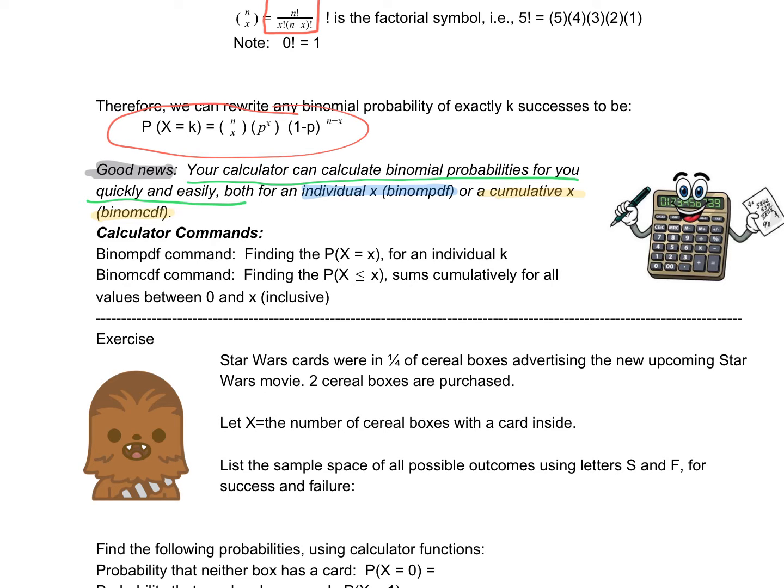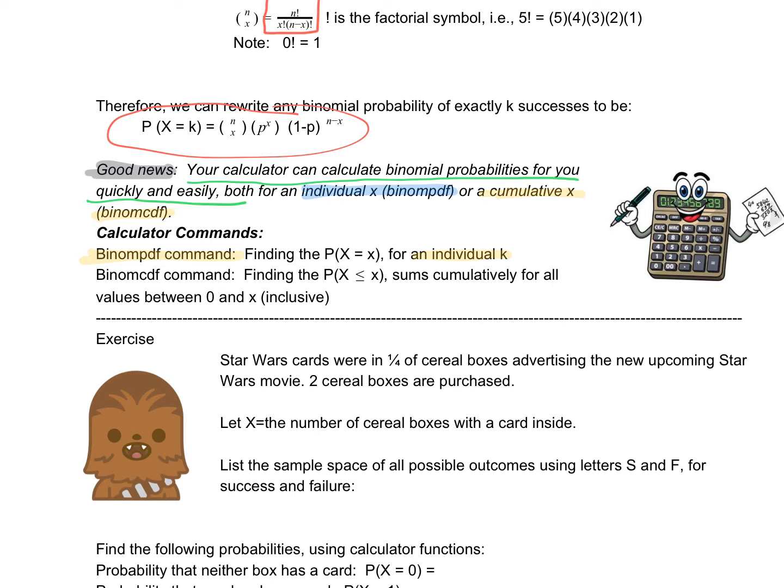C for cumulative. I always say P is for a particular value, right? So we use PDF for an individual K. So if I were flipping a coin and I wanted to know the probability of, after 5 flips, one of them being heads, that would be a binomial PDF problem, right?